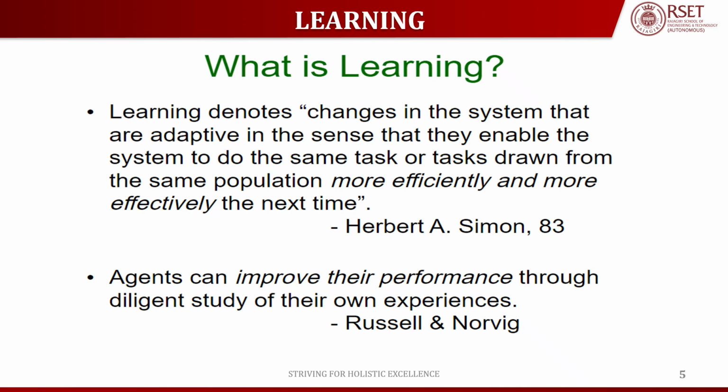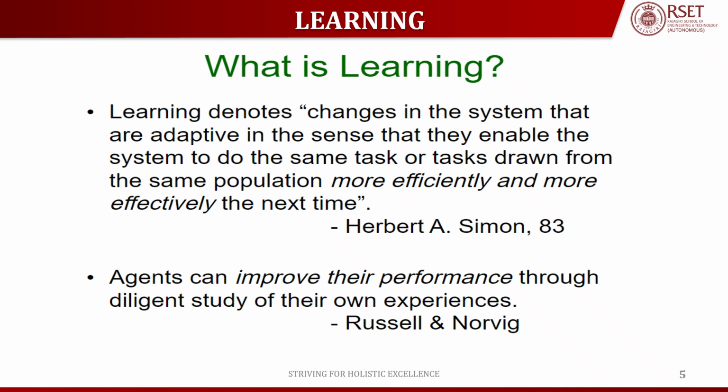Humans learn continuously from our day-to-day activities, right? And intelligent machines are designed to do something similar to what humans do. For example, when a child first learns to write, the letters will be uneven and shaky. After repeated practice of writing, the handwriting becomes neat and consistent, right? The improvement happens because of the past experiences.